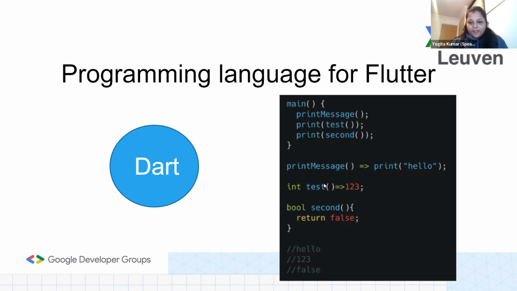And here you can see the test function returning us an integer value, a double, returning us the single value, that's 123. And the third function is second. We are printing the output for this, and what it is going to return is false. So you can see here, it can give us the output like hello, number, and the boolean value. Don't be scared, we can see this part in more detail when we move towards the coding part.